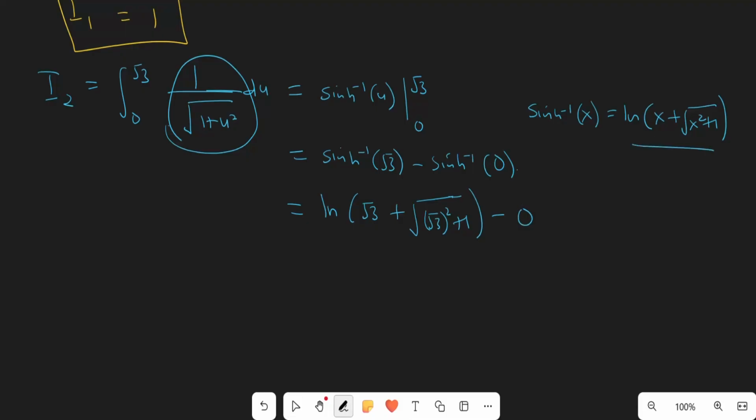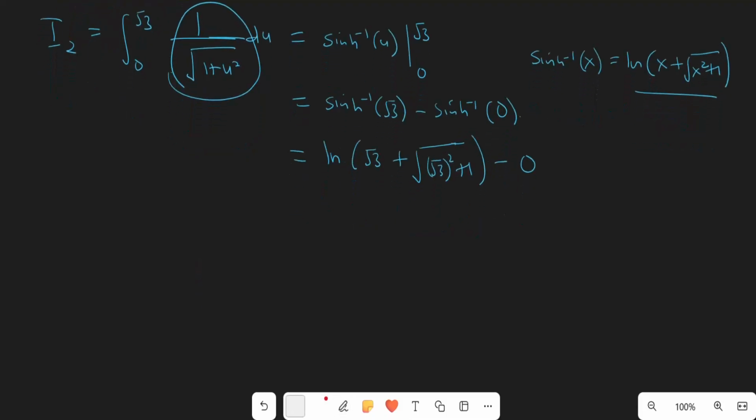We plug in 0 here, that is going to give you 0. So this is going to be the ln of the square root of 3 plus the square root of 3 plus 1, which is 4, so that is 2. So I2 evaluates to ln of 2 plus the square root of 3.